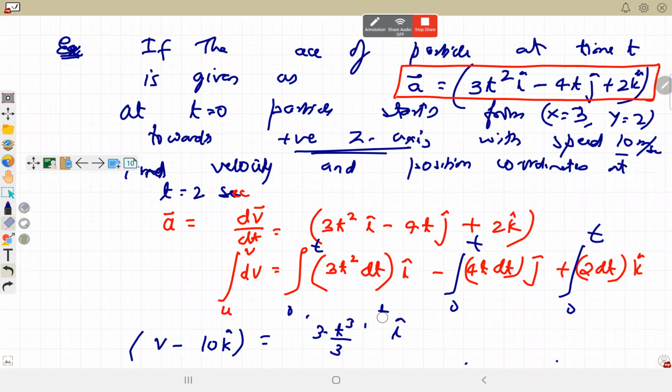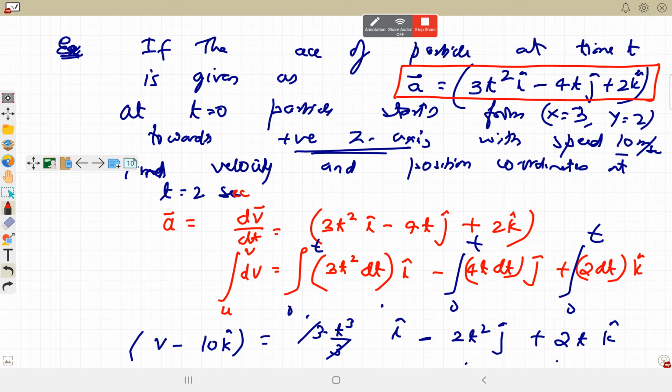It becomes t cube i cap minus 2t square j cap plus 2t times k cap. v minus 10k. I hope it is understandable. What are we doing? It's just normal integration. The only difference is now i is separately integrated, j is separately integrated, k is separately integrated.